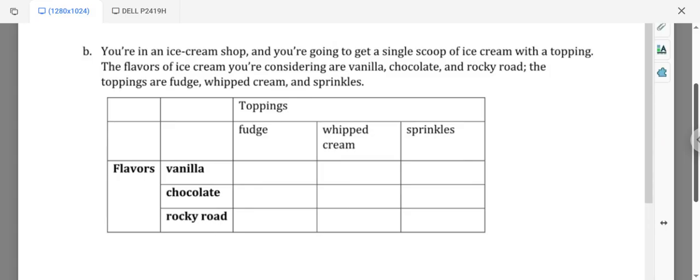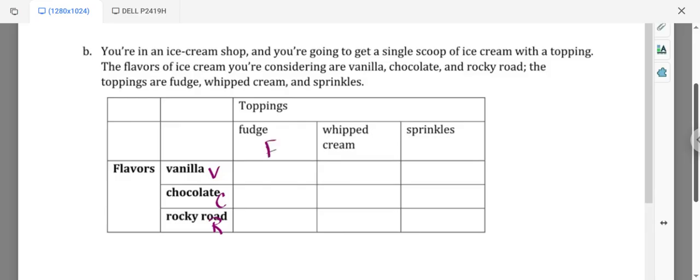So, vanilla, chocolate, rocky road. If two of your words start with the same letter, then maybe use a subscript. So there's two R words, R and a subscript R and a subscript of what the other one is. Okay.